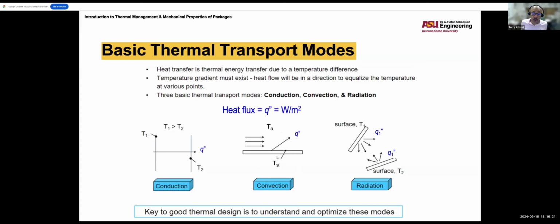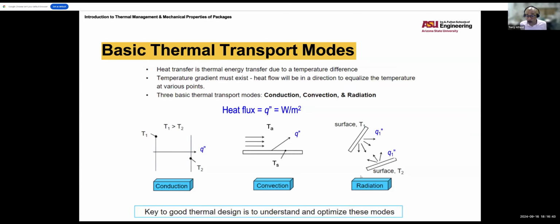The fluid is not going through the solid. The fluid is removing heat from the surface, and we get a heat flux away from the surface. So again, for convection, you need a fluid and a solid surface.